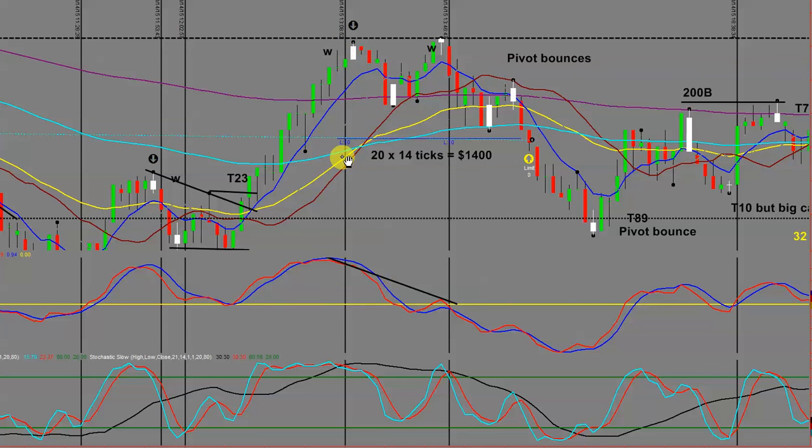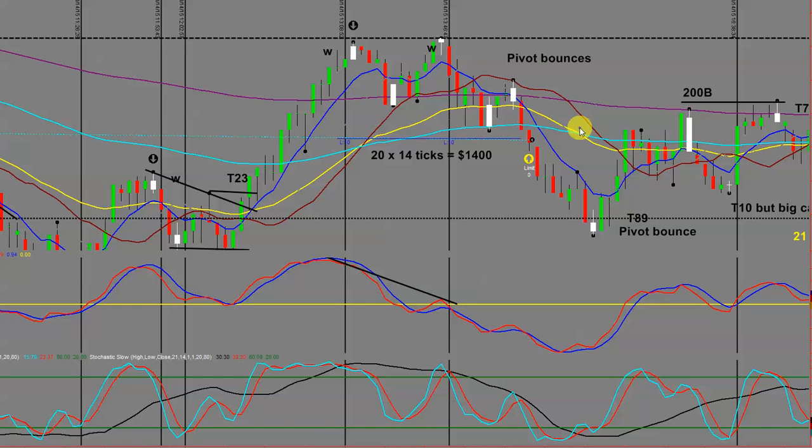So I shorted 10 contracts, and over here I exited the 10, and I then took out another 10 here, because what I had here was perfect divergence, which is what we call a T19A. So I had a T89 here, I had a T19A along with a divergence plus a pivot bounce.